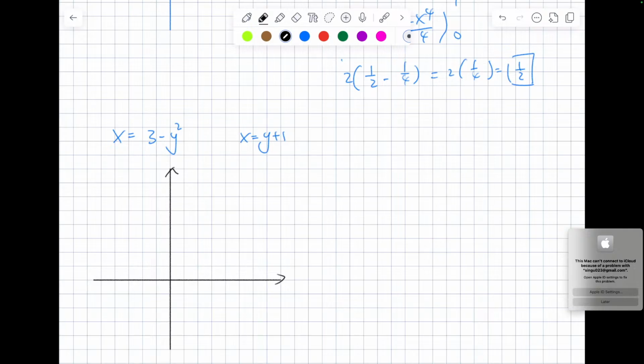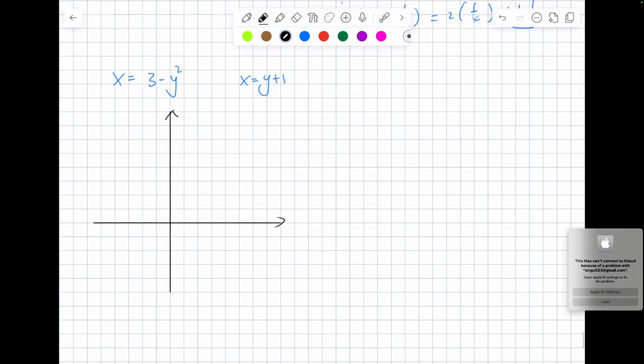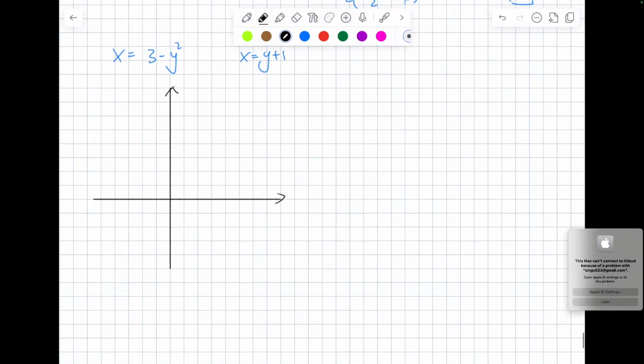It's a sideways parabola from 3. You can plug in y equal to 0. If y equal to 0, it's going to be 3, right? So it's going to give you this. Now, if positive y squared is facing the right side, negative y squared is facing the left side. So the graph is going to look something like this.